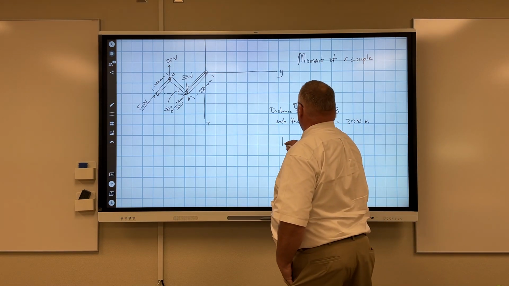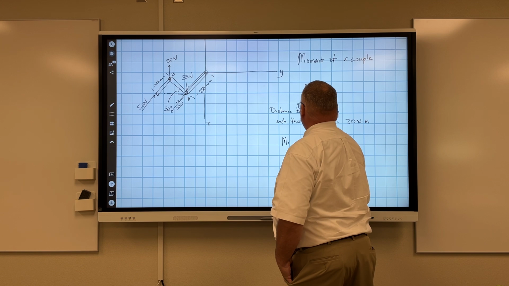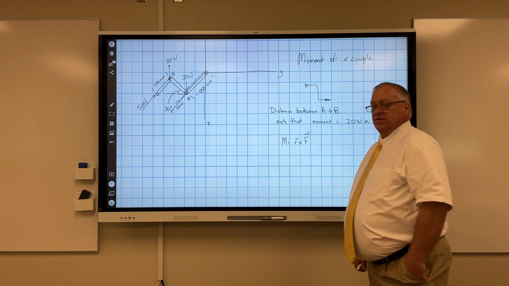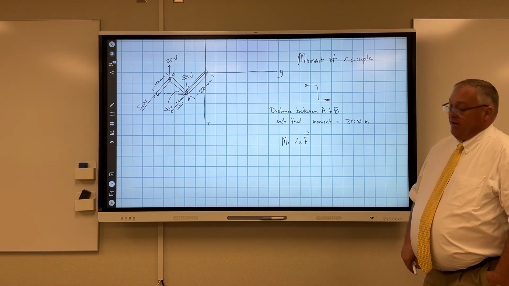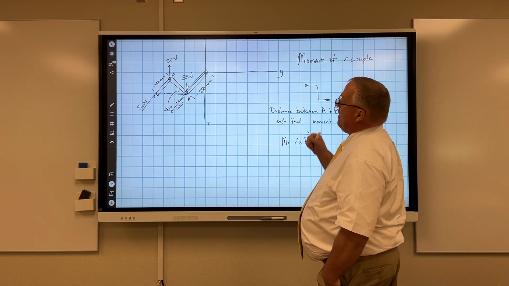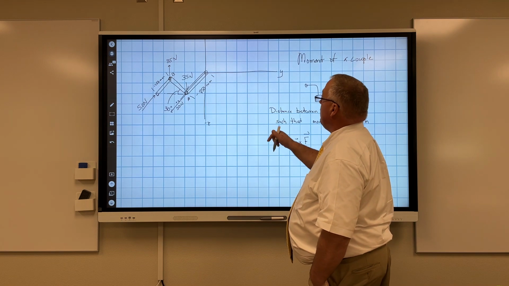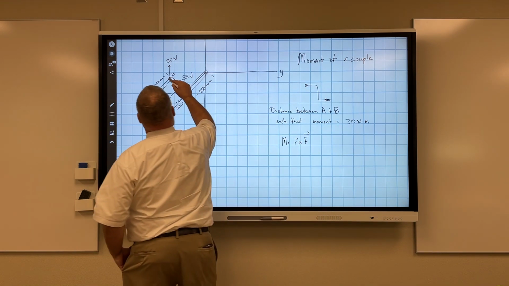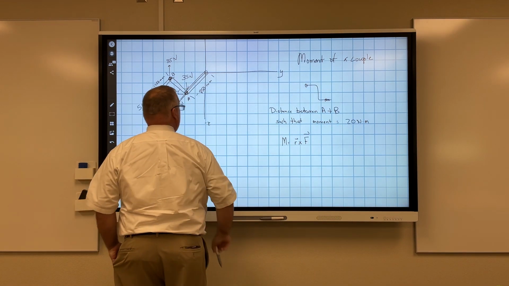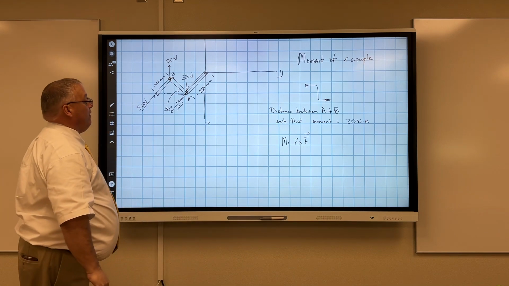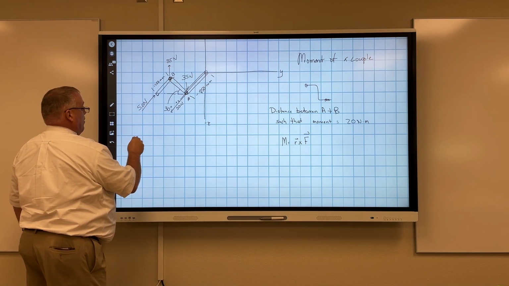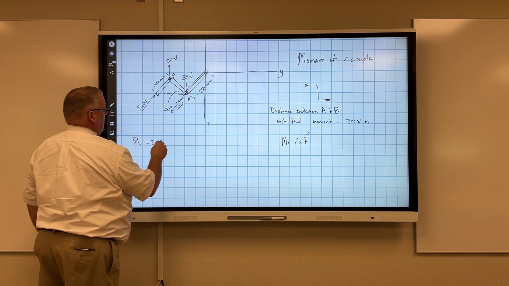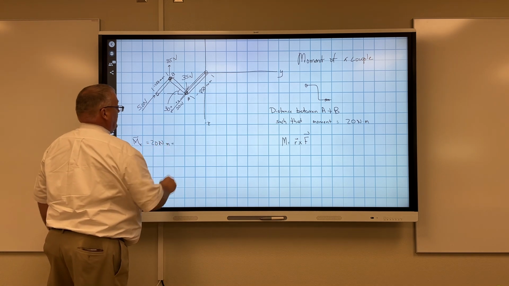So the moment is equal to a force acting through a position vector, R. So R times F. But really, we've got our forces. We're looking for this distance here, so we're looking for our position vector, R. Our resultant moment is equal to 20 Newton meters, which is equal to what?